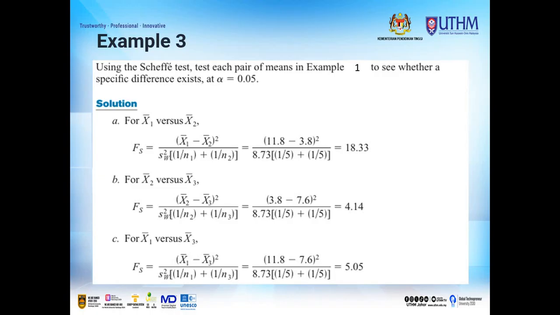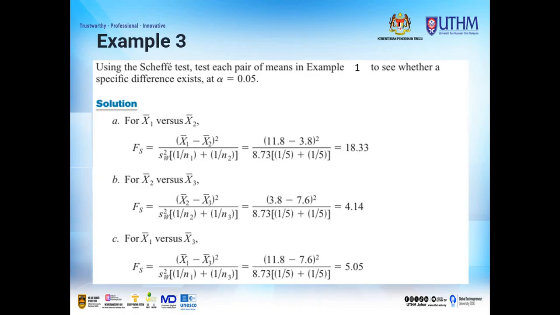Okay, let's see an example. Using the Scheffé test, check each pair of means in example 1 to see where the specific difference exists at alpha 0.05. As a solution, we have to do all the possible versus comparisons. So x1 versus x2, just use the formula. x1, the mean is 11.8, minus 3.8, squared, divided by the variance 8.73.